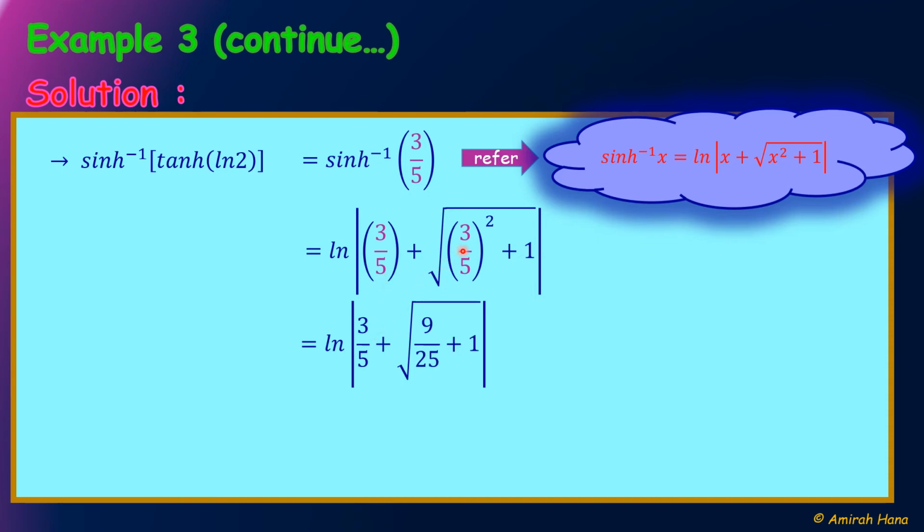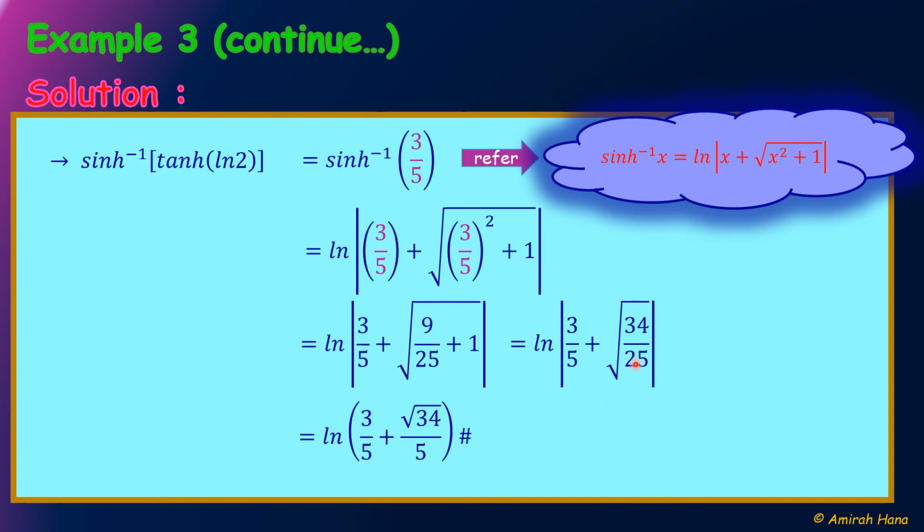We expand 3 over 5 squared, and we have 9 over 25 here. Then we solve this fraction, so we have the square root of 34 over 25. The square root of 25 we can simplify to 5. So the final answer is ln of 3 over 5 plus the square root of 34 over 5.